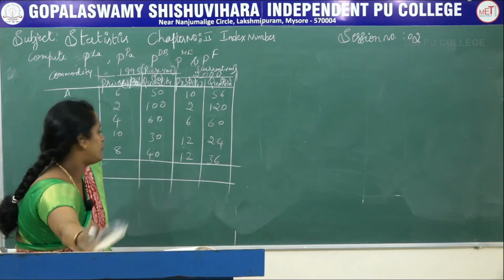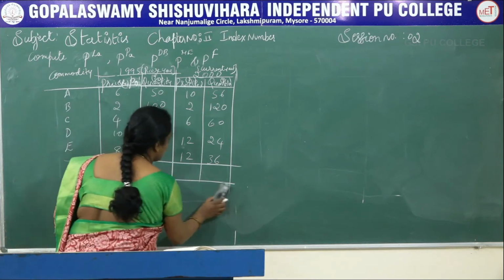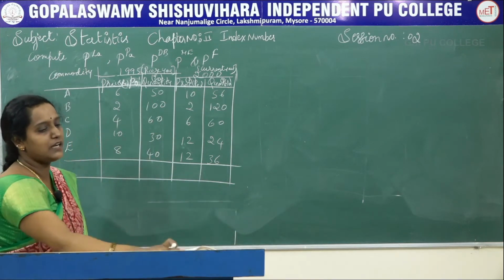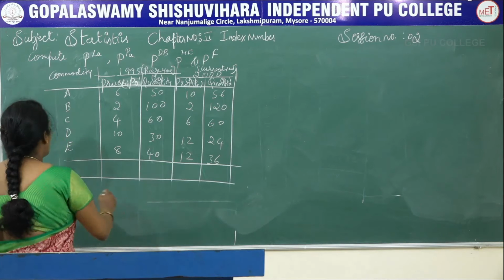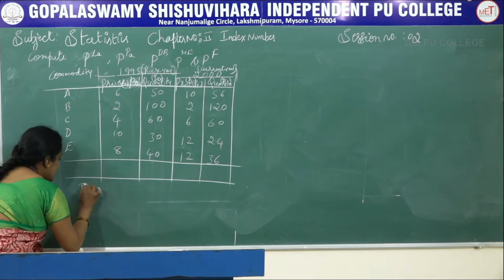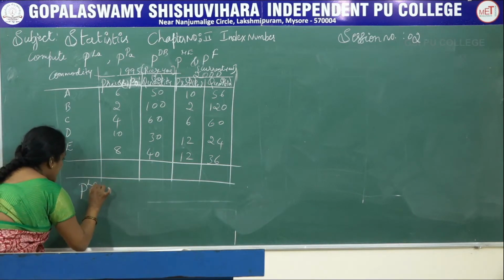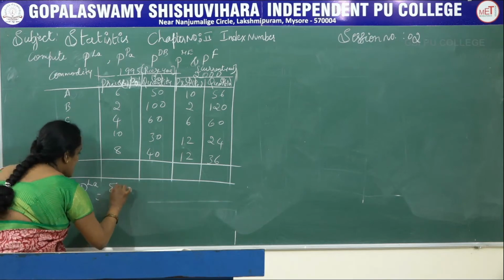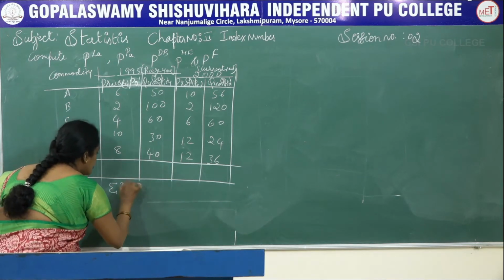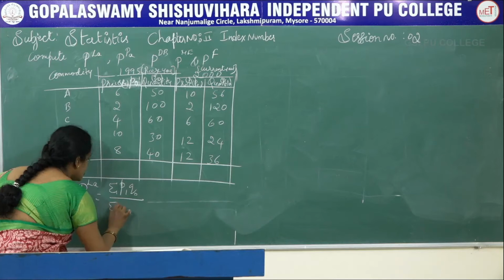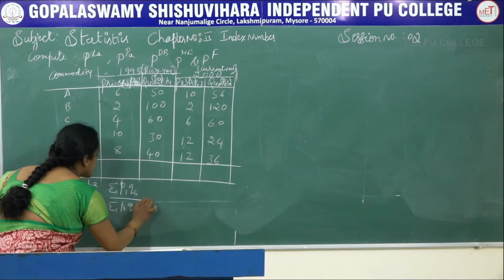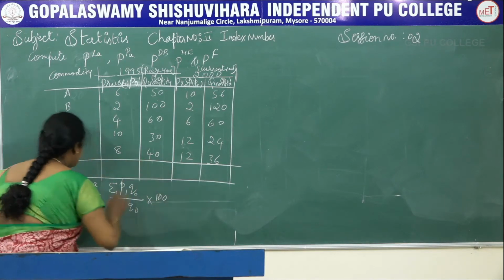Next thing is the formulas. For this weighted index number, we have 5 different formulas to calculate and the first and foremost is LA, that is Laspeyres: summation of P1 Q naught divided by summation of P naught Q naught into 100.